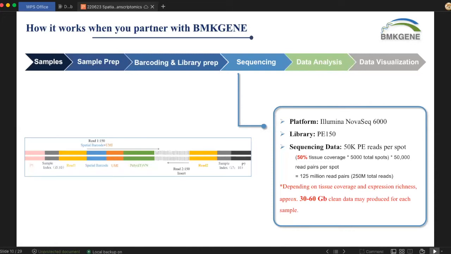So normally we recommend roughly 30 to 60 gigabases of clean data for each sample. You can see that for the sequencing read, read one mainly gives us the information on the spatial barcode and UMIs that I mentioned, and read two reads the exact insert sequence that we can map back onto the reference genome to get the gene information.